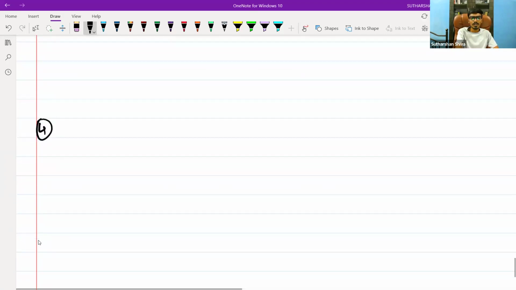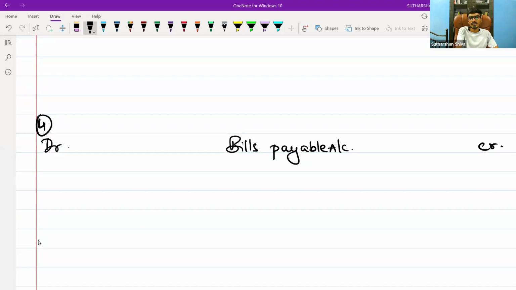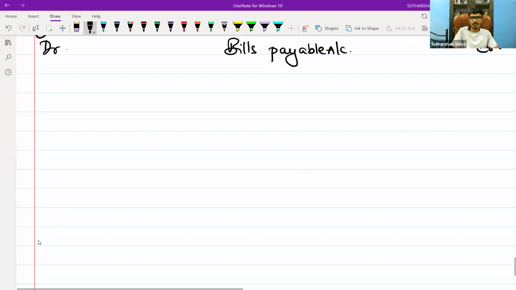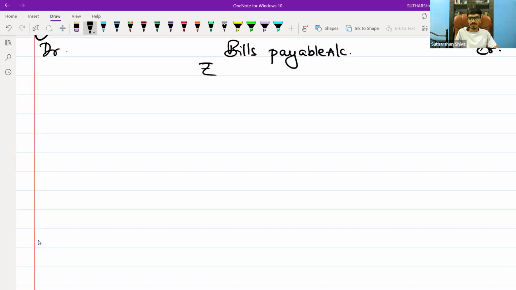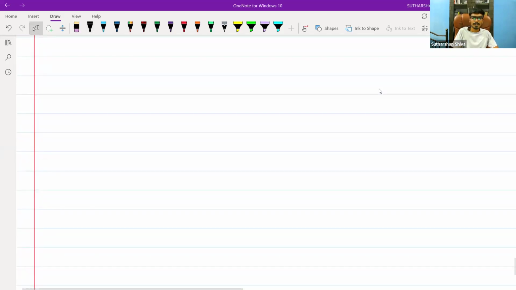Fourth working note is for bills payable. Bills payable account. Then credit. Next, prepare a format.